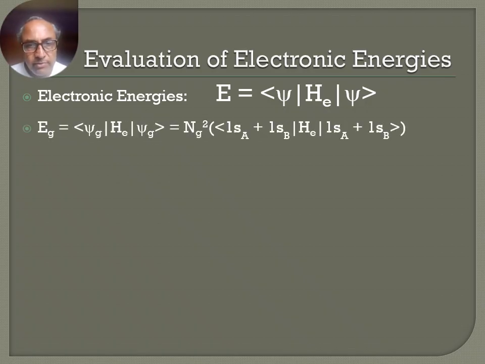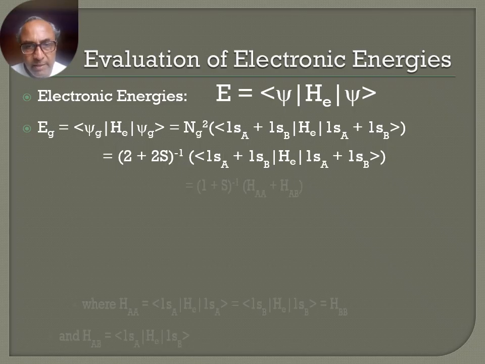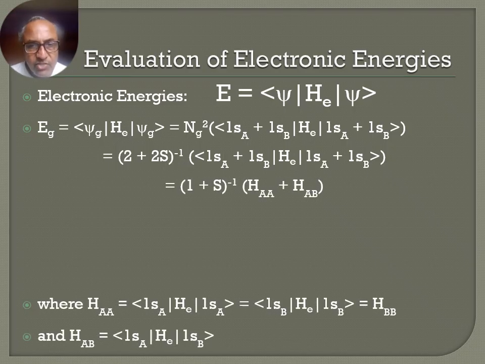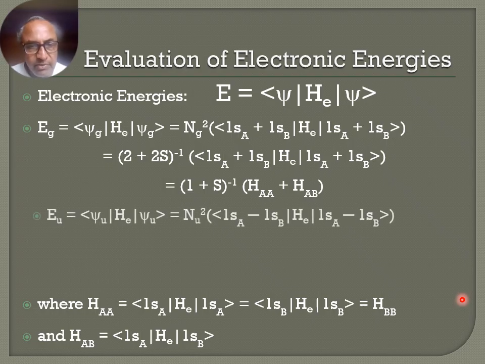Thus, Eg equals bra psi g He psi g ket, which is equal to 1 upon 2 plus 2s, bra 1sa plus 1sb, He 1sa plus 1sb ket, which is equal to 1 upon 1 plus s, Haa plus Hab, where Haa is the diagonal matrix element of the electronic Hamiltonian between the atomic orbital bases, that is Haa equal to bra 1sa He 1sa ket, and Hab equals bra 1sa He 1sb ket is the off-diagonal matrix element of the electronic Hamiltonian between the atomic orbital bases.